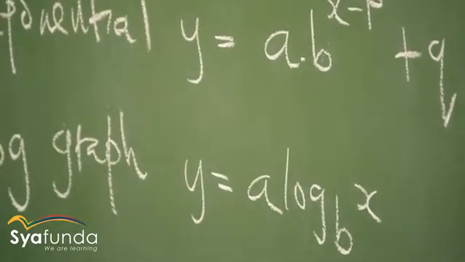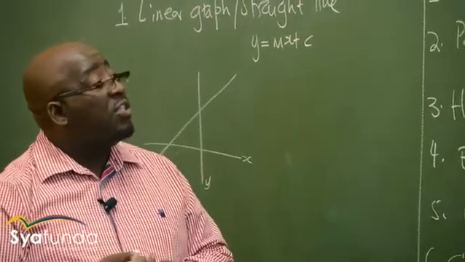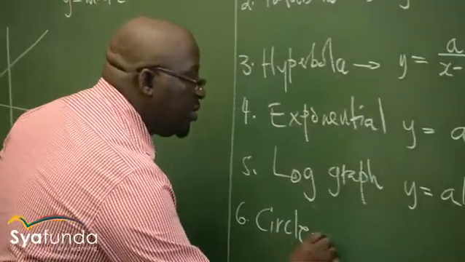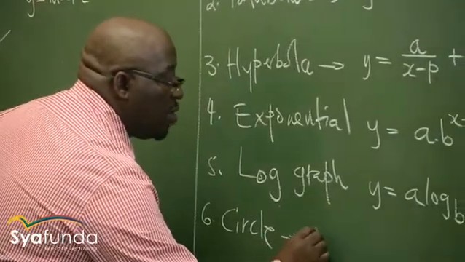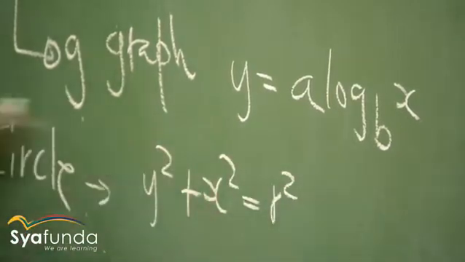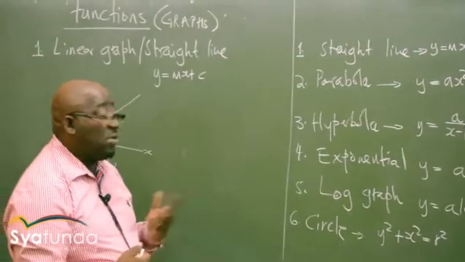So it is important that you should identify with these general equations. Then the circle, usually the equation of a circle is y squared plus x squared is equals to r squared, the one that we know from the theorem of Pythagoras.